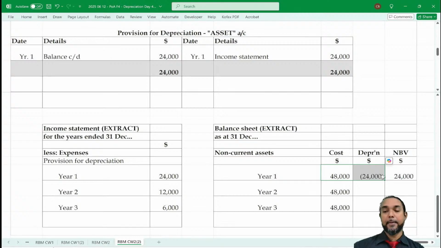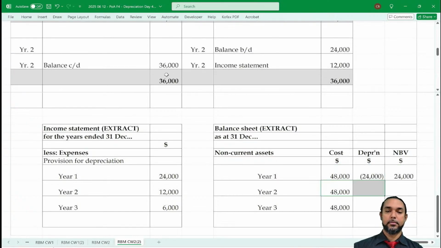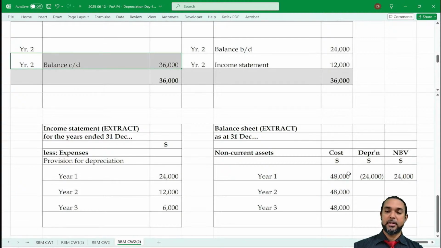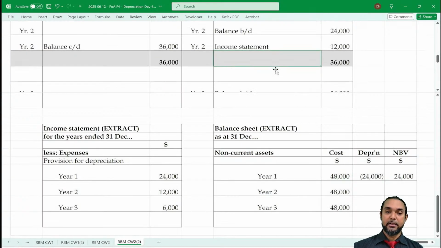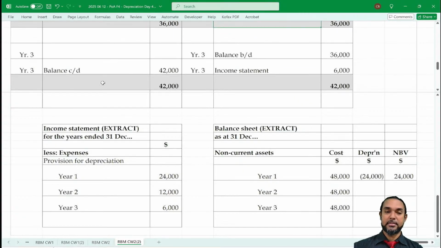And when you subtract, you get 24. In year two, the balance is 36, so that goes in the depreciation column in the balance sheet. And when you subtract, 48 minus 36 is 12. And in the third and final year, your balance at the end is 42, which goes here. And you subtract going across and get that figure. Does that help?